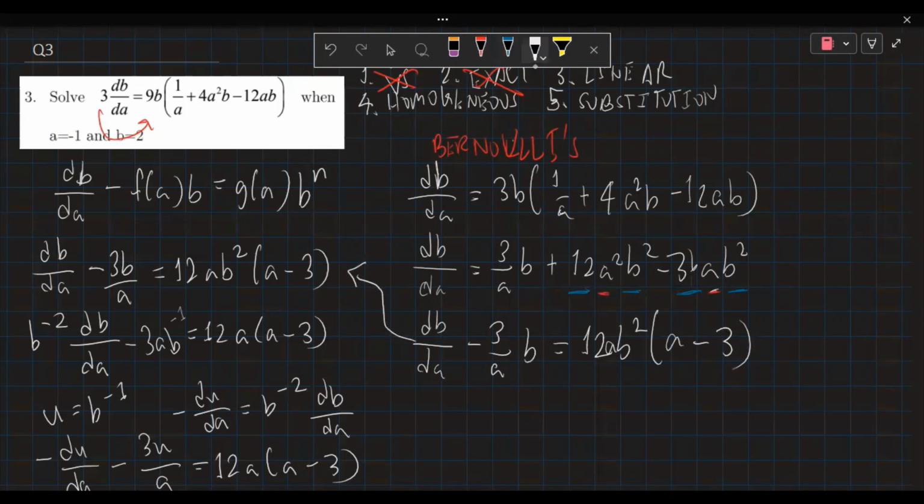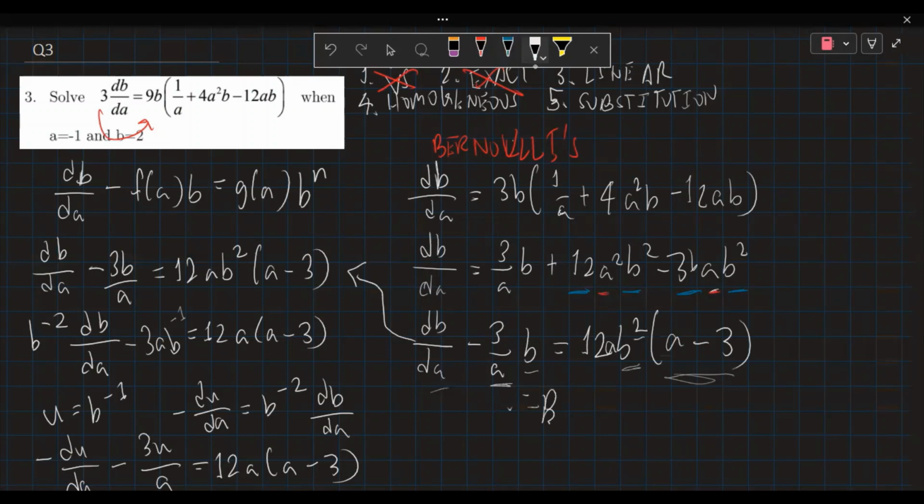And we can see that it is Bernoulli's because we have the derivative of our dependent variable with our function, and then our dependent variable here, and we have our function of a plus the actual dependent variable to the power of n, which is 2.